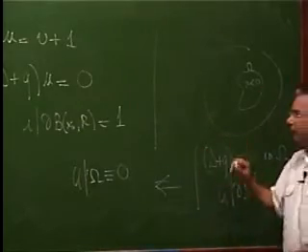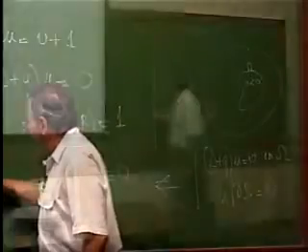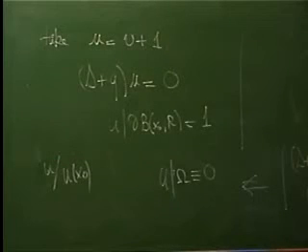So if U is positive, now you can take another U. You just scale U by the value of U at x0.